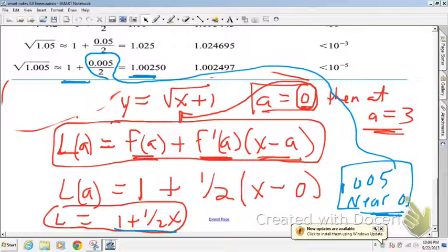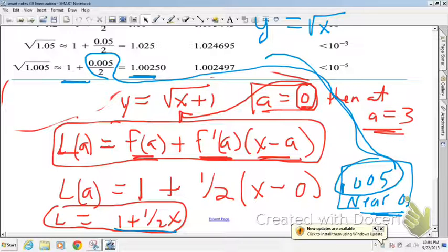But now, if you store numbers near 0 into the original function, say 0.005, which was y equals root x plus 1, well, I'll do it on my calculator with you. 0.005 plus 1 is 1.005, and then square root it, guess what you're going to get? 1.00249.